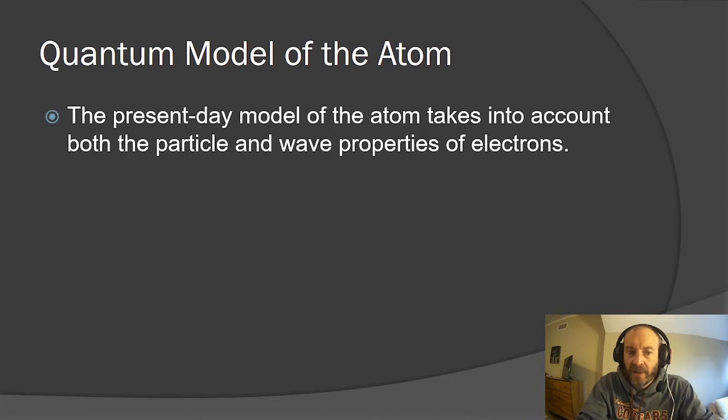I should preface everything I'm about to say by saying that the atom is extremely complicated. In the first lecture, we talked about the strong force, which holds the atom together, but you also have the electrostatic force of positive and negative attracting each other. It gets even more complicated because an electron weighs basically nothing and moves at the speed of light, so conventional physics doesn't apply to it.